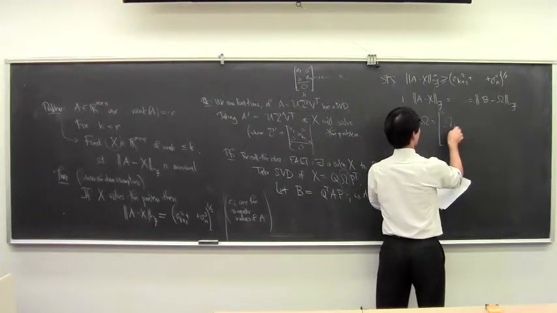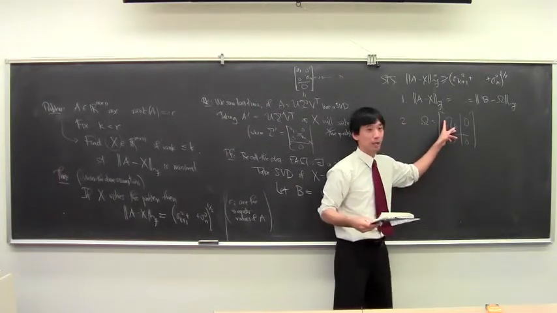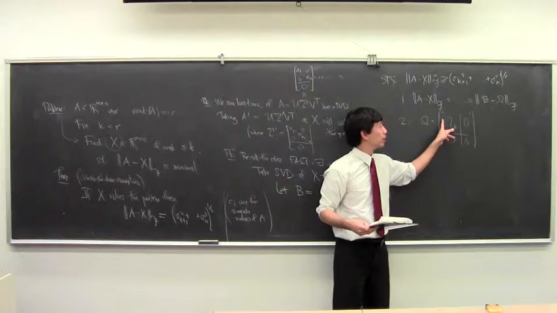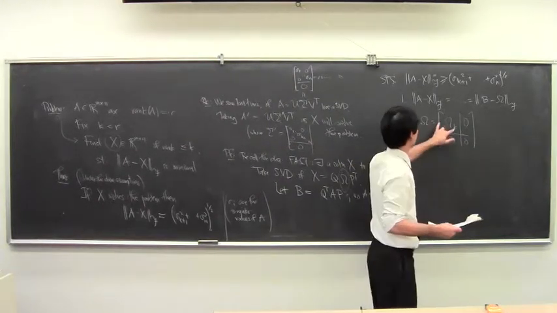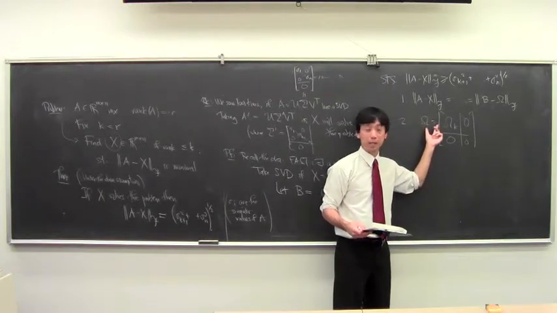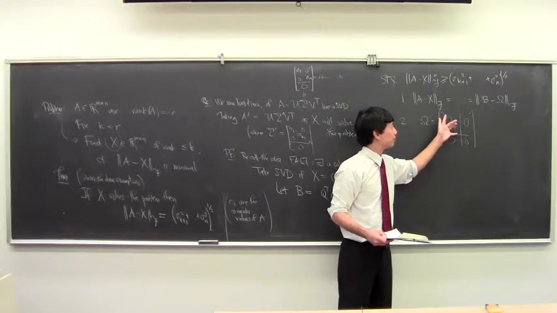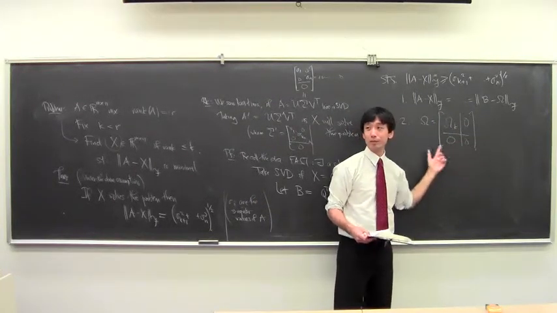Right, and in step 2, we introduce this notation. Omega we wrote as this. This is the non-zero part, right? Because X is of rank K, so there's going to be this K by K matrix here, and then everything else is zeros.